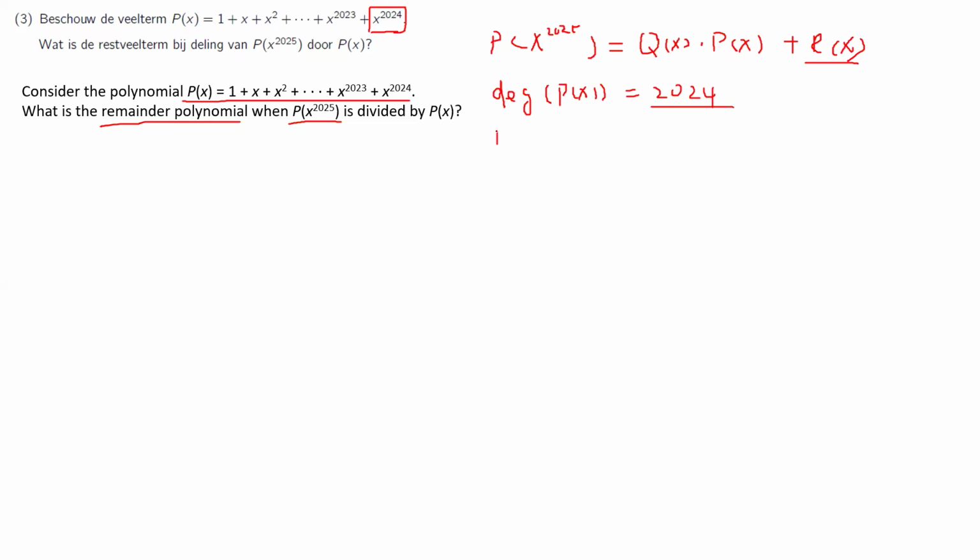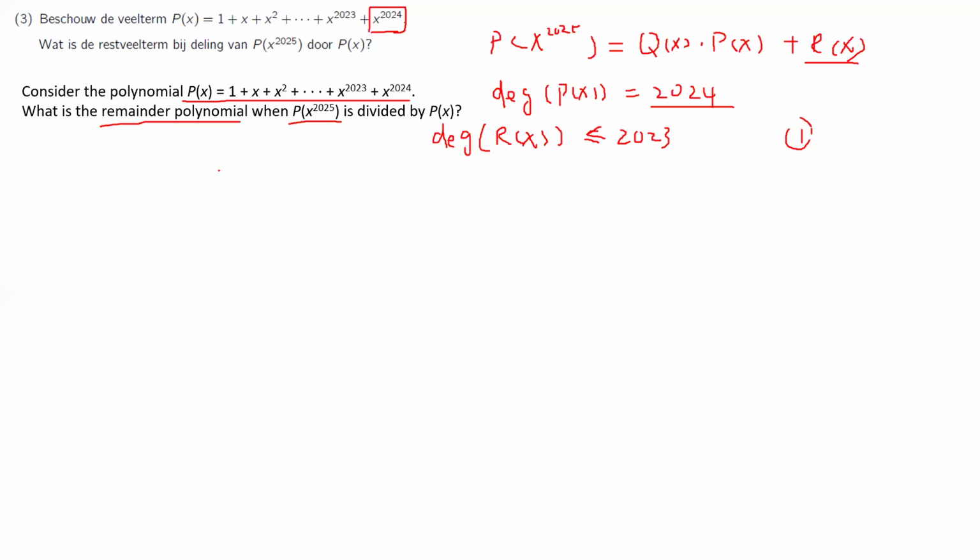So from here, we know R(x), because R(x) is the remainder polynomial, the degree of R(x) will be no more than 2023. It must be smaller than the degree of P(x) itself. Okay, so that's the first thing we know from here.